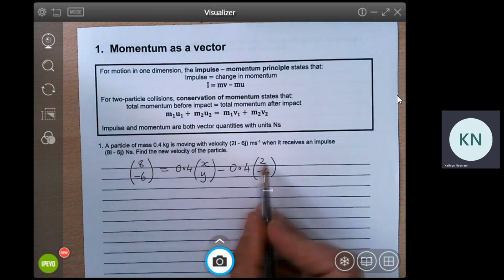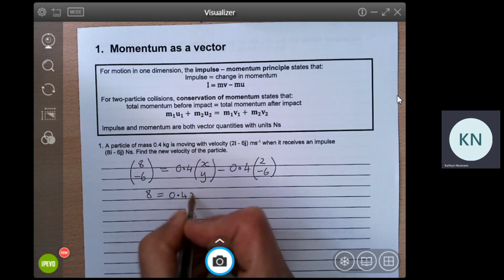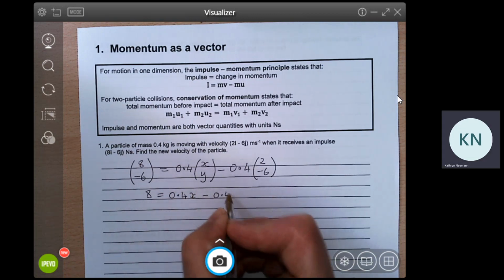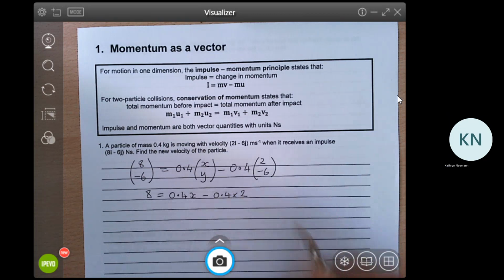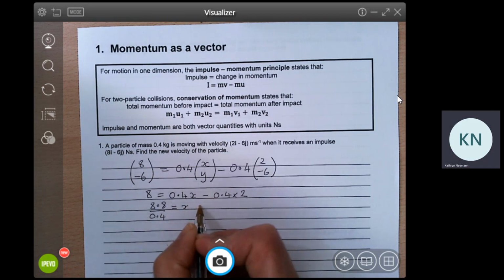So we then look at the top line of this equation, and we've got 8 is 0.4x minus 0.4 times 2. That gives me 8.8 over 0.4 is x. So x is 22.